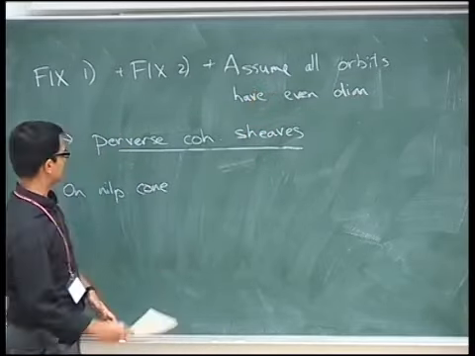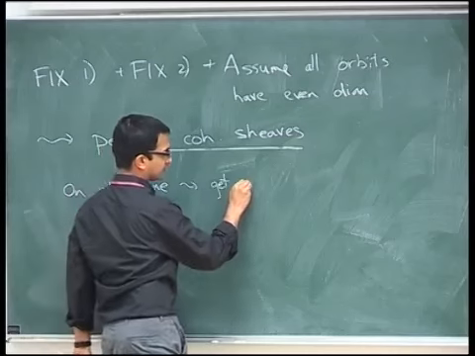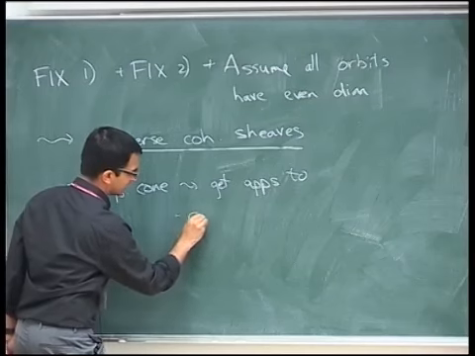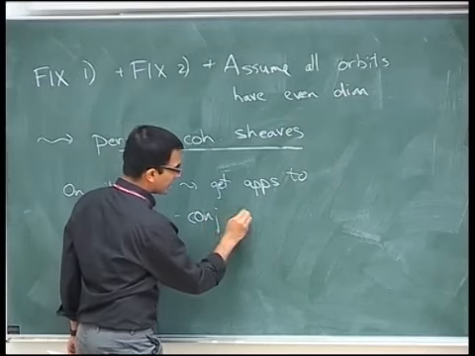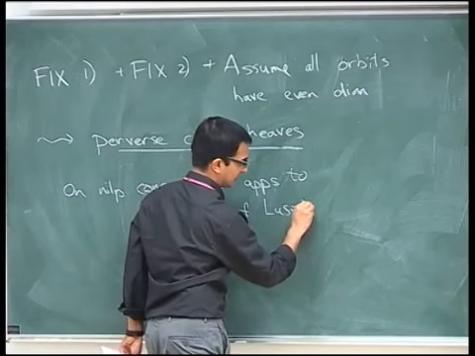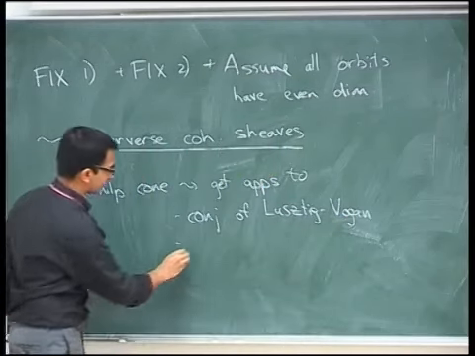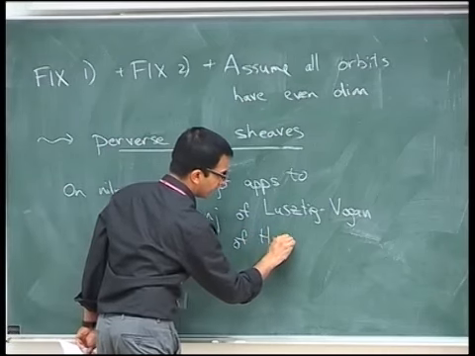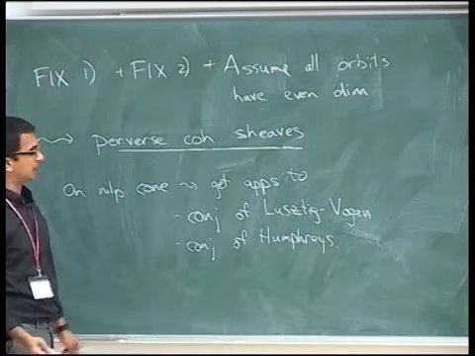So this condition is okay. And then you get applications to various things. The two that I know something about are an old conjecture of Lusztig and Vogan, and then a different conjecture of Humphreys on tilting modules for a quantum group.